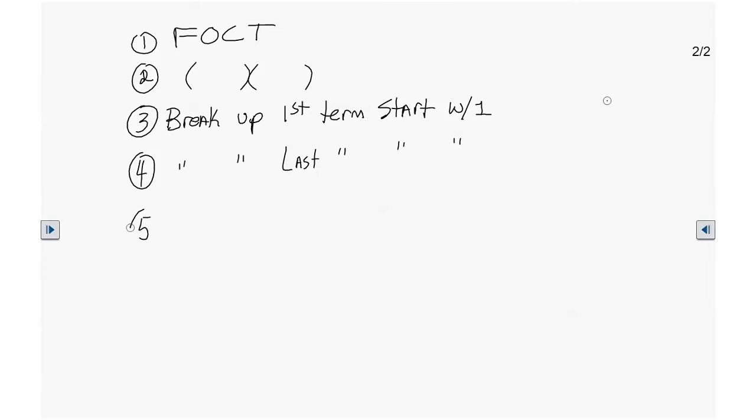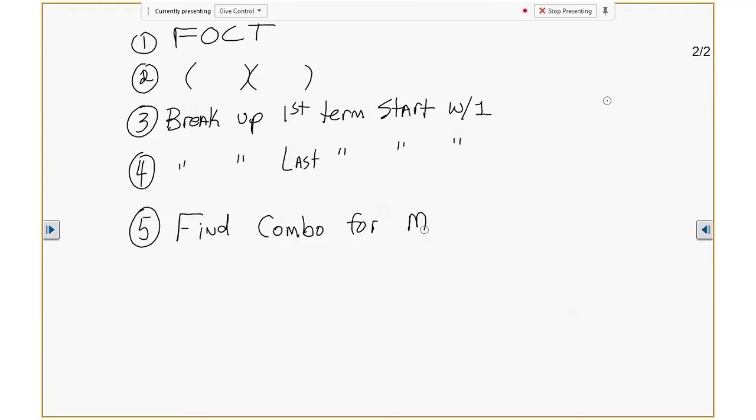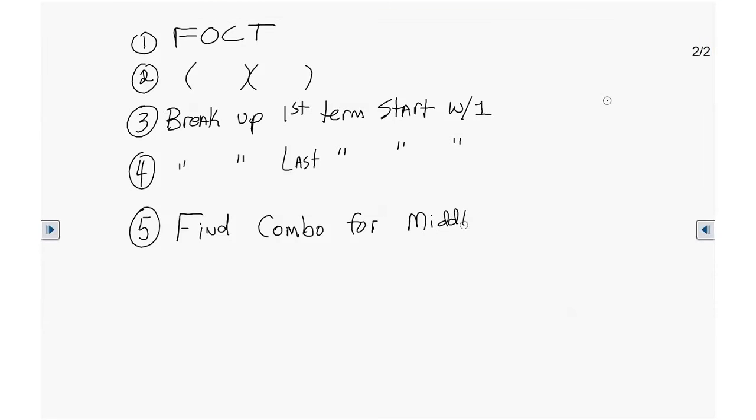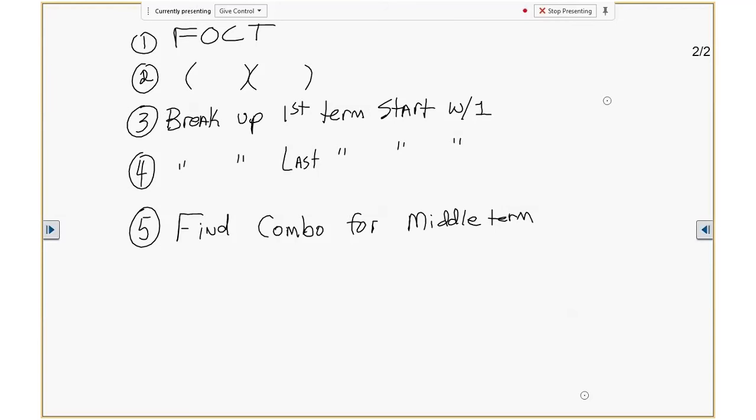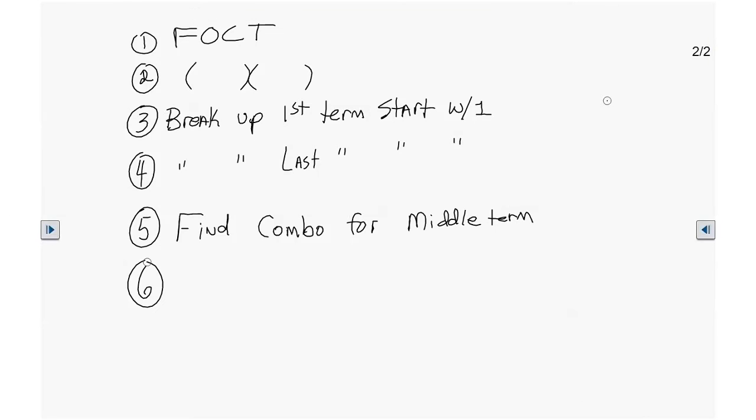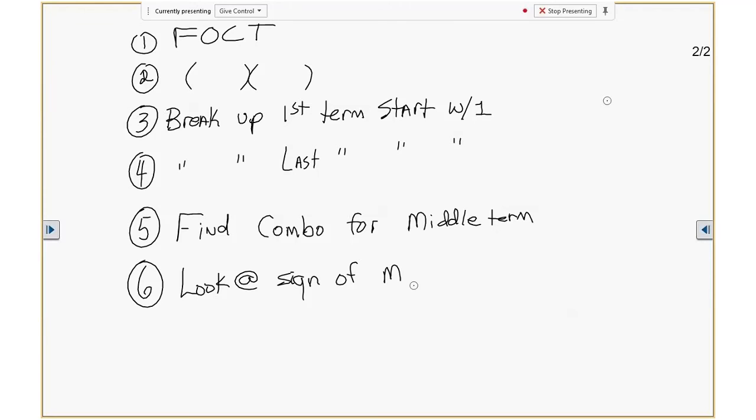Number 5, find the combo for the middle term. Number 6, look at the sign of the middle term.